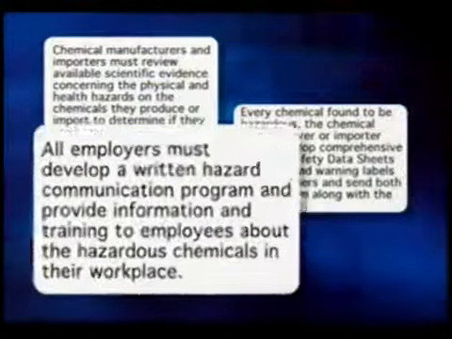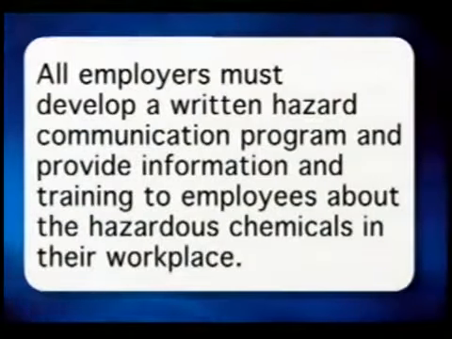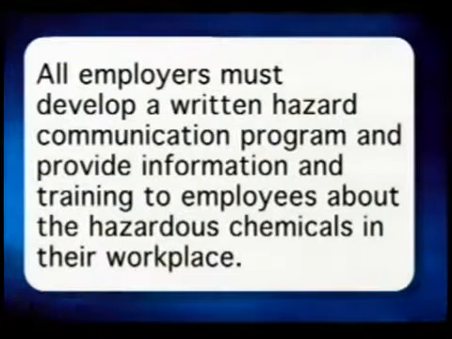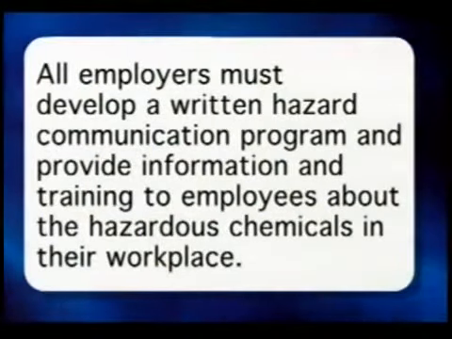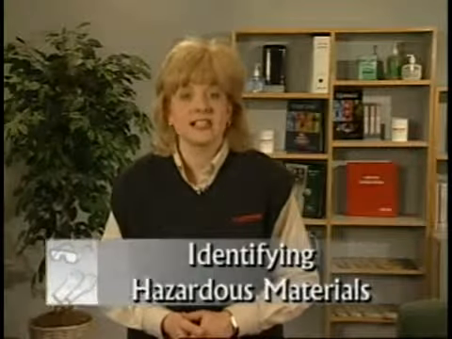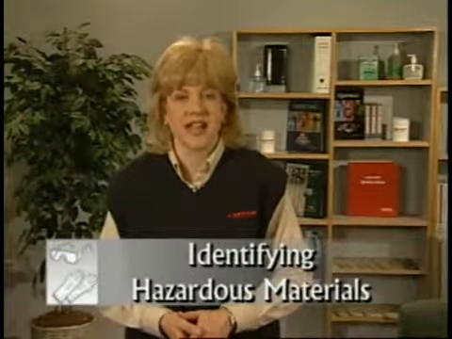Third, all employers must develop a written hazard communication program and provide information and training to employees about the hazardous chemicals in their workplace. Before we go any further, let's identify which materials OSHA considers hazardous.